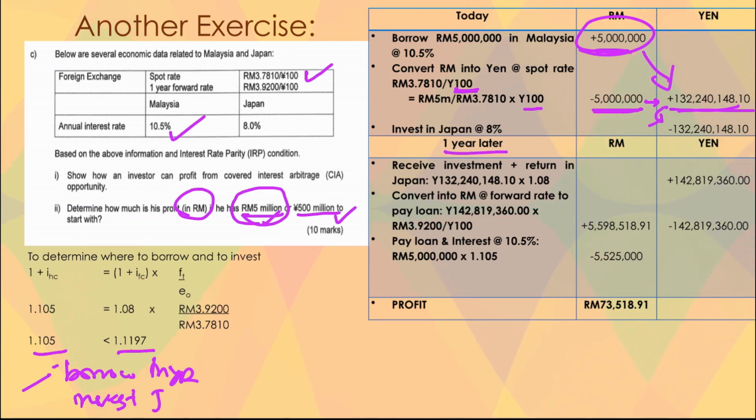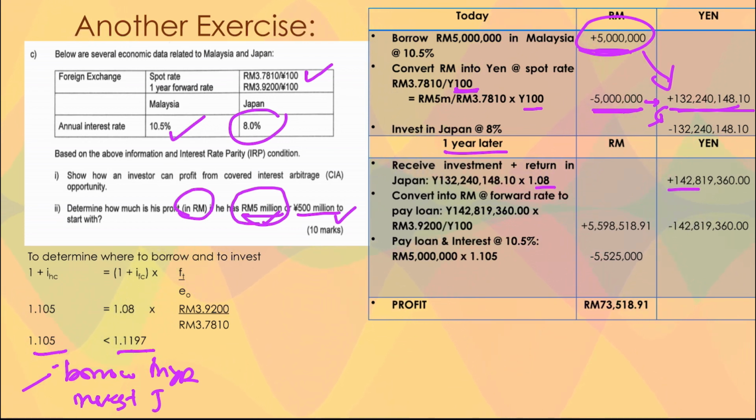You invest for 1 year. After 1 year, you will receive the investment plus return. So the return is 132,240,000 times 1.08, because the return in Japan is 8%. So you will get 142,819,360 yen.